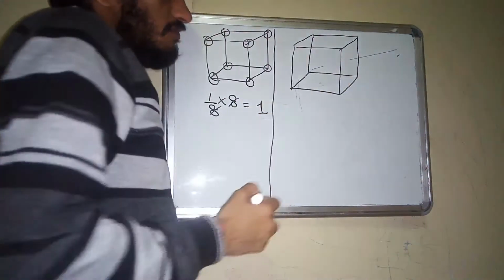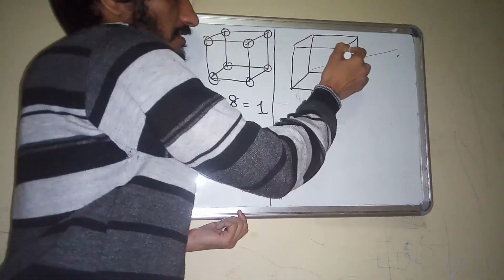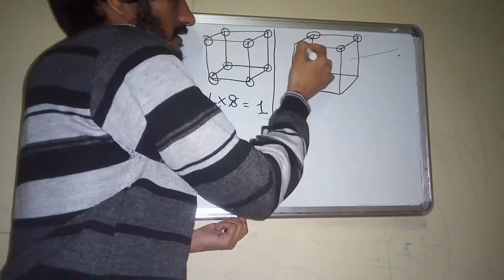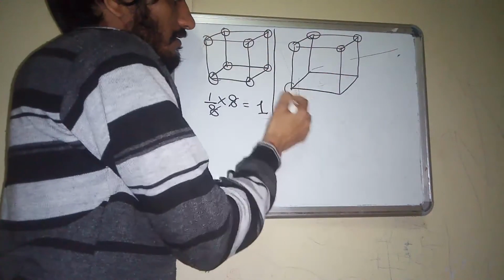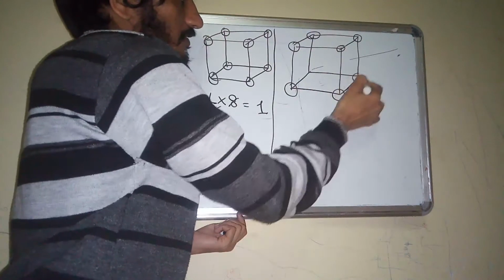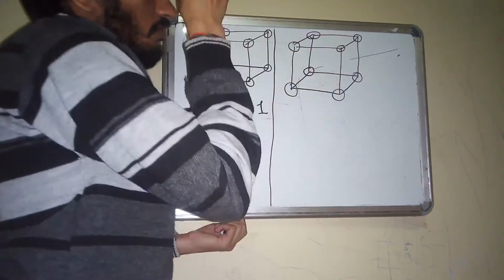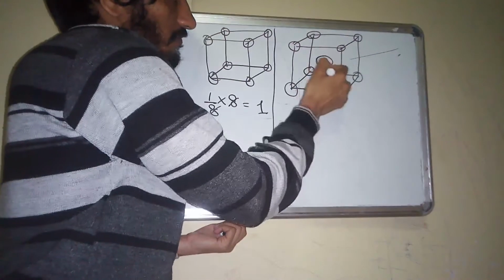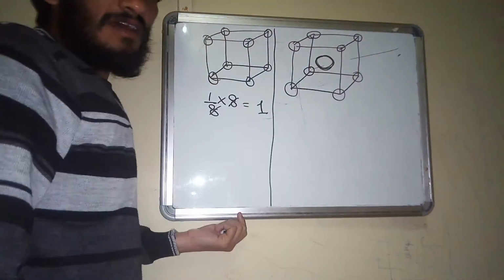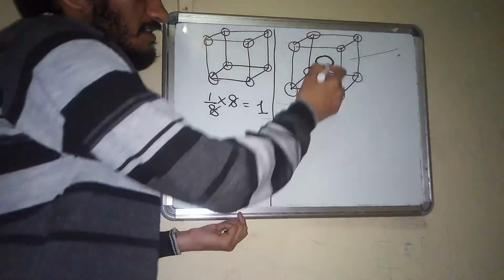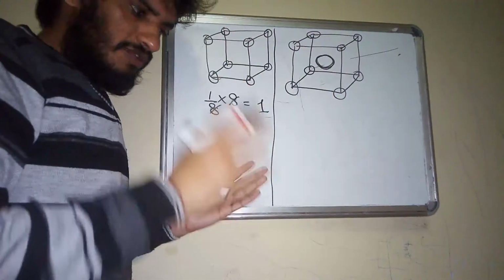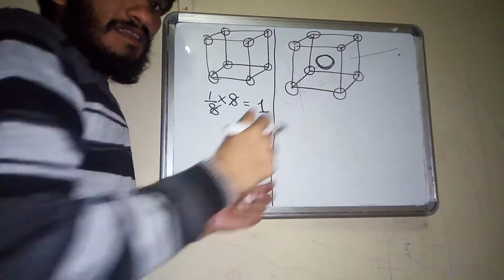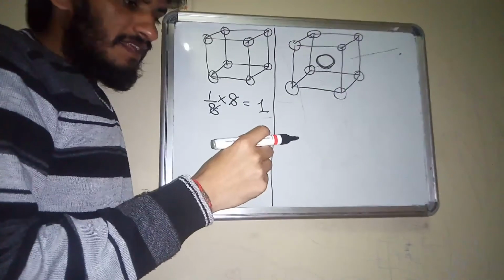Now when we come to the body center, in body center first, in 8 corners 8 atoms are present, as they remain in a primitive or simple cubic unit cell. And what does body center mean? At the center, one atom is present, or one lattice point is present. It is completely located in the unit cell, meaning this atom or particle is not shared between any unit cells.